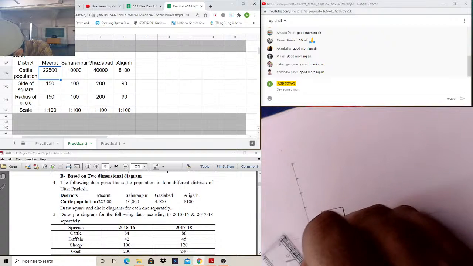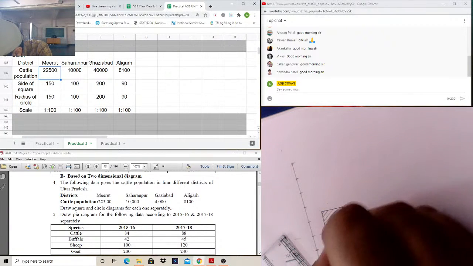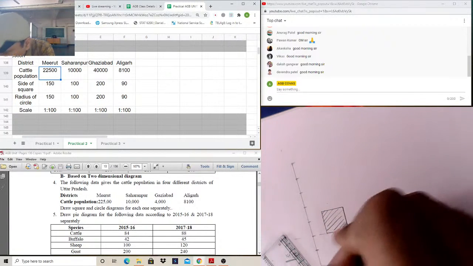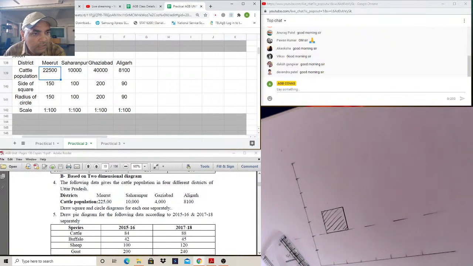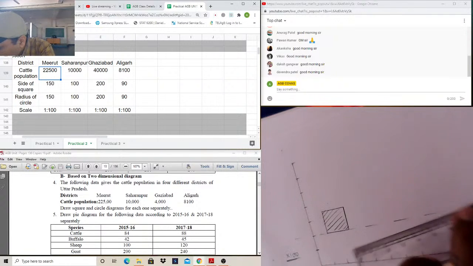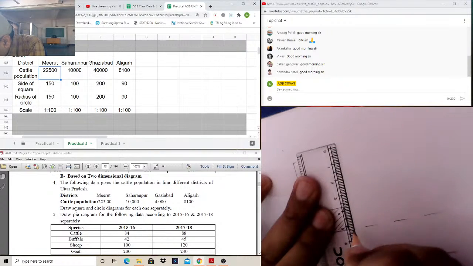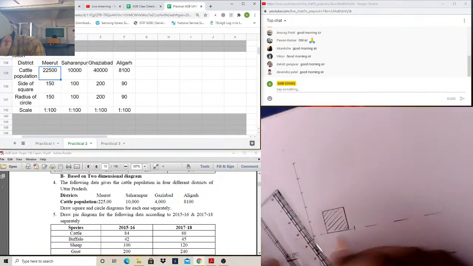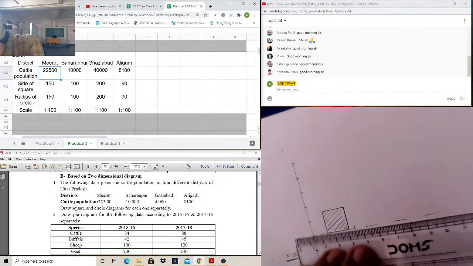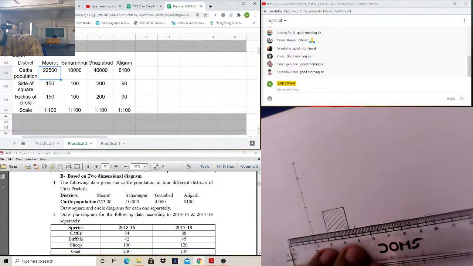Similarly, if I make another square for Saharanpur, then it has to be 1 centimeter. I can start from here, with the base at the same place, so that we can compare.